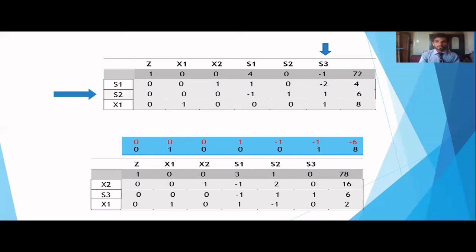The way we can conclude that we are finished is by observing that there is no negative coefficient in the objective function. The solution is x1 equal to 2, x2 equal to 16, and s3 equal to 6. S1 and S2 are not found in the basis, hence their value is 0.